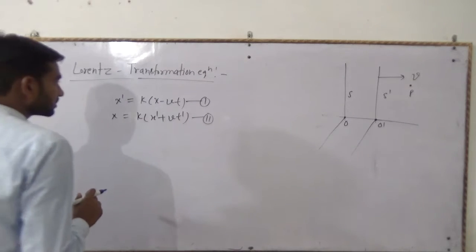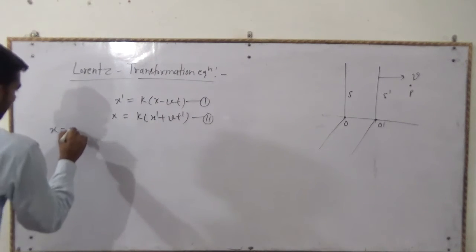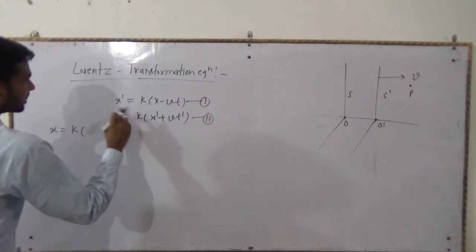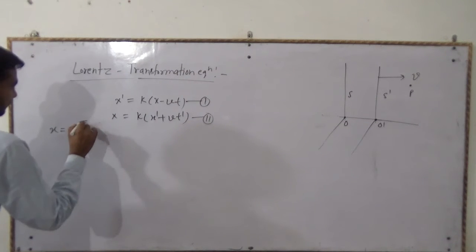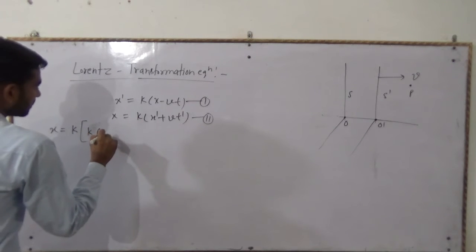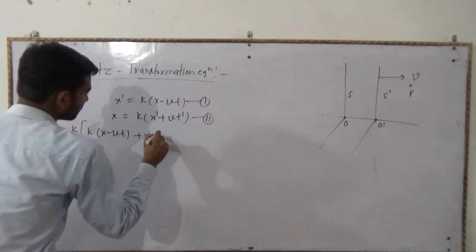After solving it, we can get x is equal to k x dash. Here the value of x dash is k (x minus vt) plus vt dash.